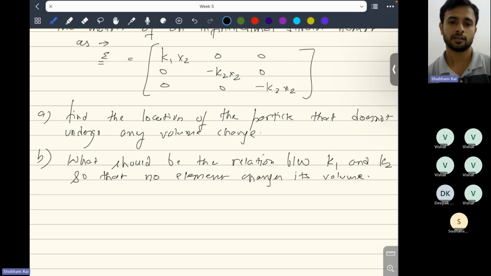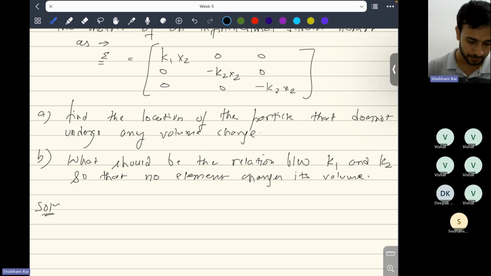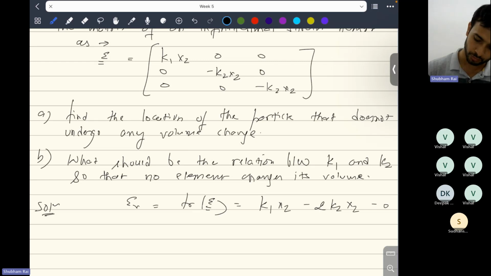Second, you have to find the relation between K1 and K2 so that no element changes its volume. You know that the volumetric strain is given by the trace of the strain tensor, that is nothing but the summation of diagonal elements. So that is K1 x2 minus 2 K2 x2, right? That should be equal to 0, because there should not be any volumetric change. The volumetric strain should be 0. So if you take K1 minus 2 K2 and x2, that is 0.